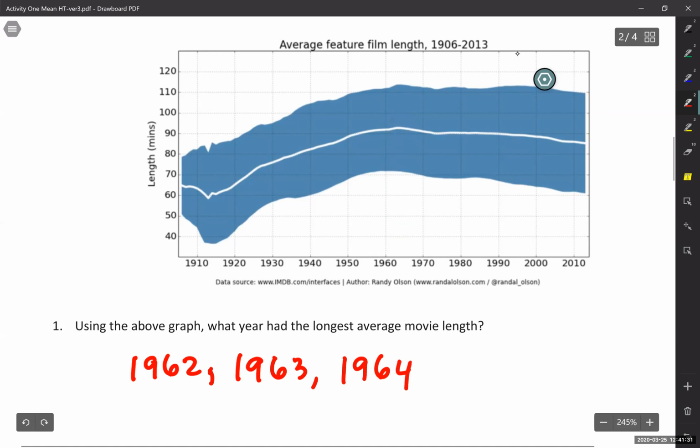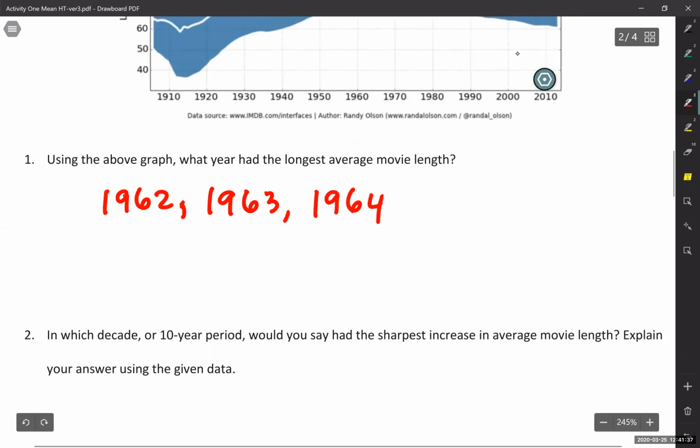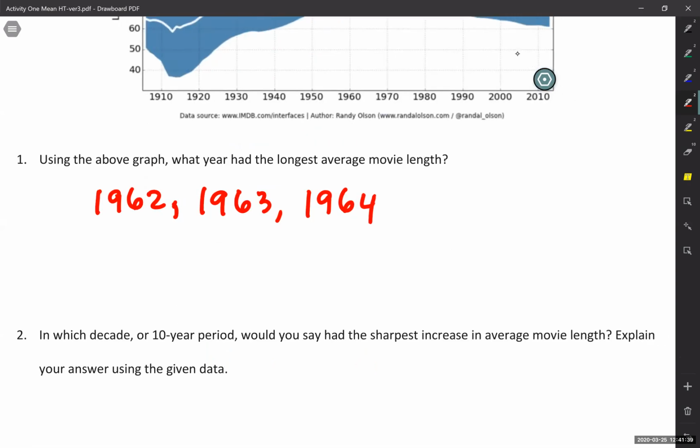Okay, in which decade or 10-year period would you say has the sharpest increase in average movie length? We're going to have all different kinds of answers because people will interpret those 2 things differently.